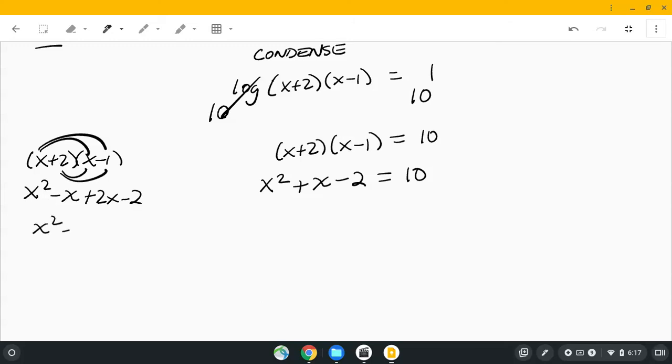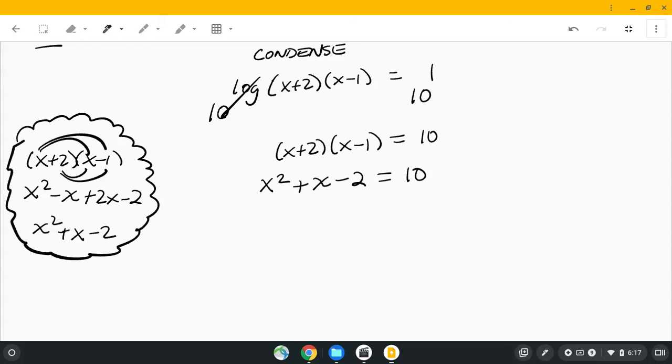Combine like terms, and you get x squared plus x minus 2. Okay? But I showed you how to do a shortcut on doing this. So that's what I'm using here.